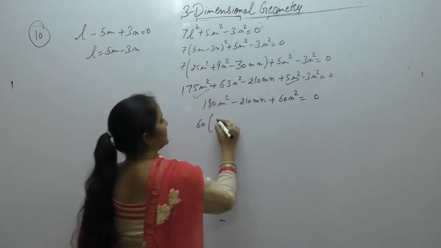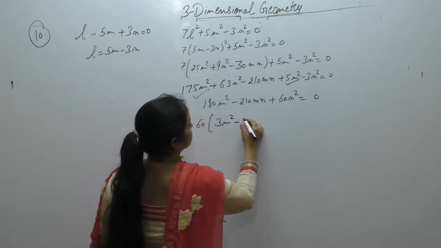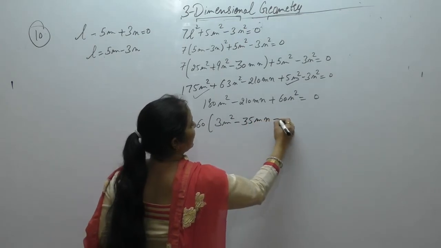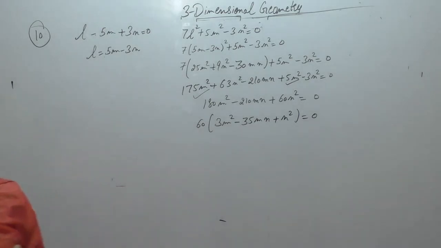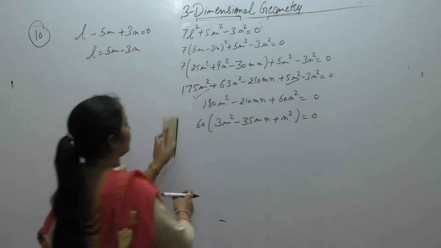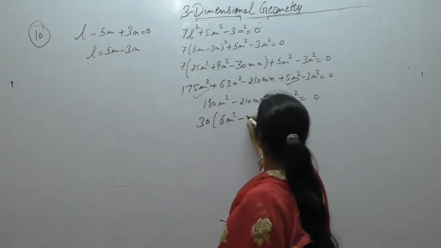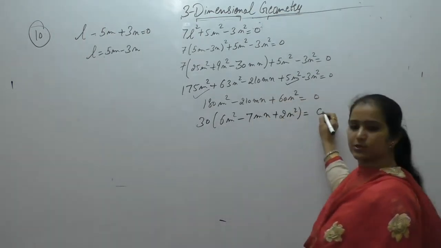Take 60 common. 3m square - 35 mn + n square = 0. So what we get? 30 common. 6m square - 7mn + 2n square = 0.